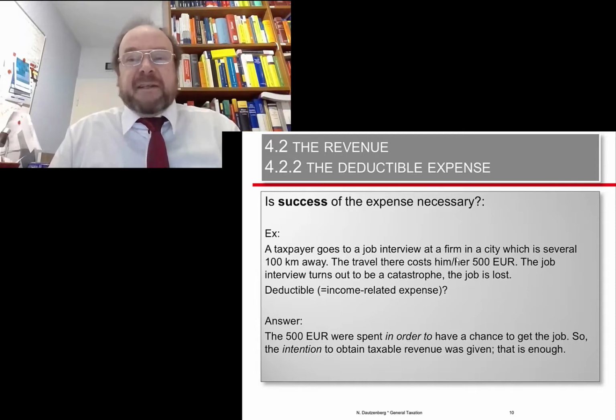Now let's make again a two-step test. The first thing is, is there an income-related motive behind training job interviews and obtaining good information on one's monetary market value? Well, training job interviews, for what purpose do you need that?